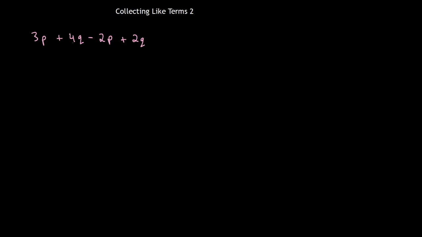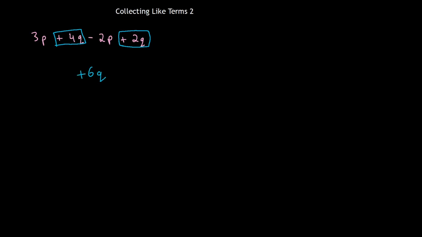Every term has a sign attached next to it. So this 4q is a positive 4q, and this 2q at the end is also positive. So we add them up, 4q plus 2q makes 6 q's. It's a positive 6q, so we include the sign as well.